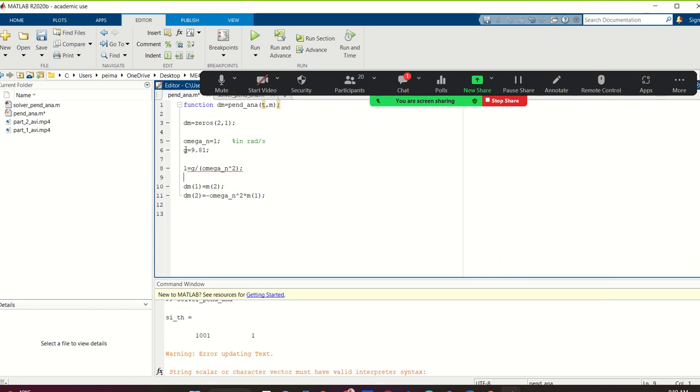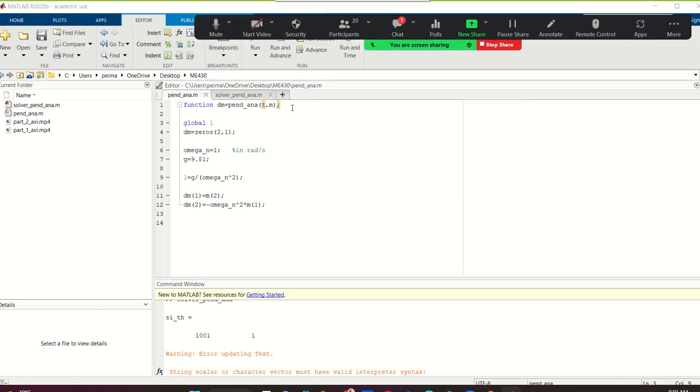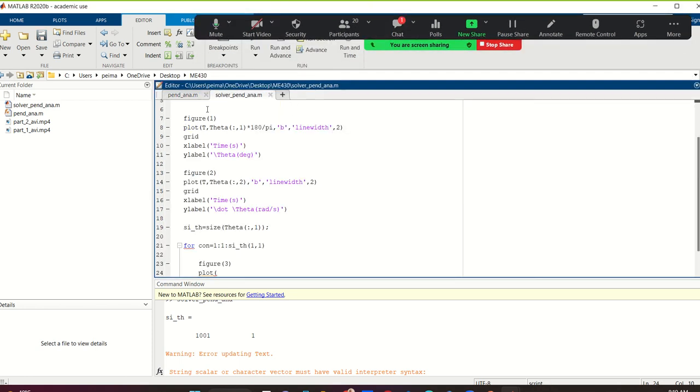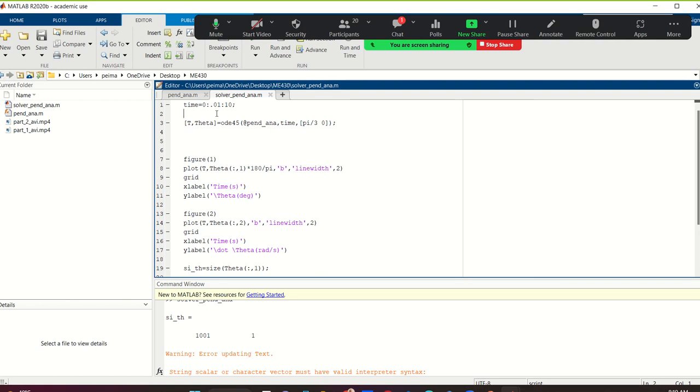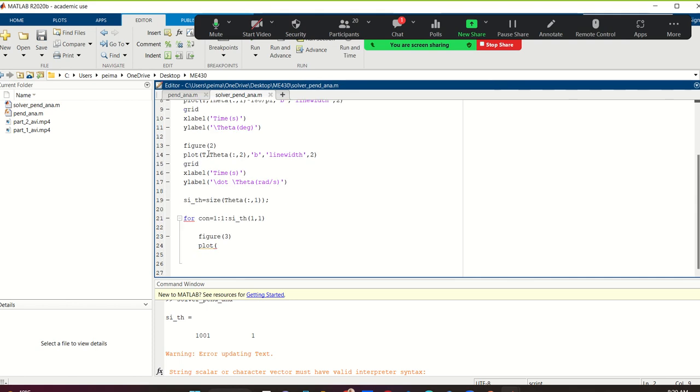Clear, guys? But we need L everywhere, so I'm saying global. This is a MATLAB command I'm teaching you. When you make a variable global, it is read everywhere. So I'm saying make L global. I'm putting the same here: global L. Now you don't need to define L everywhere. You just put it here.